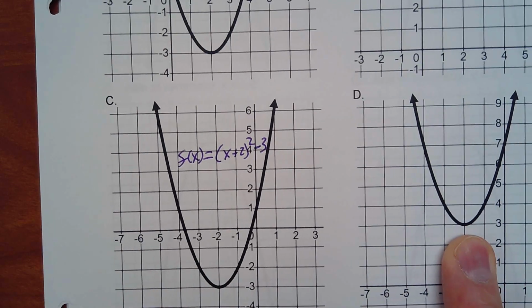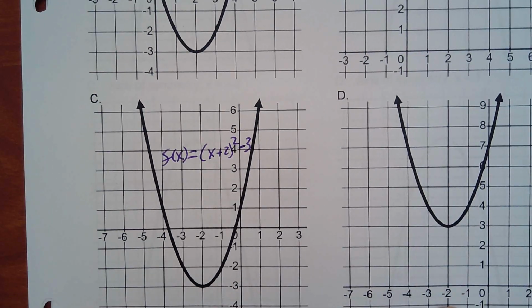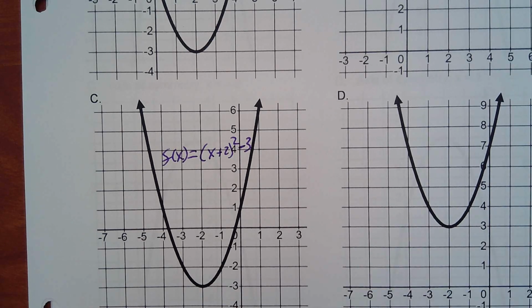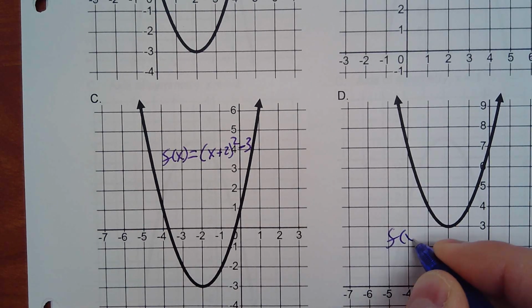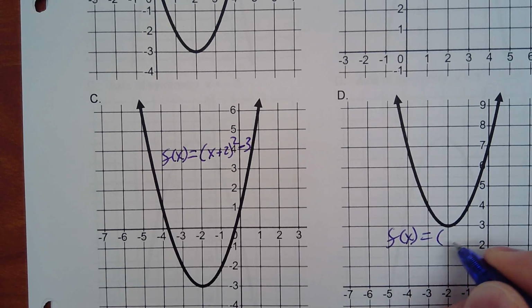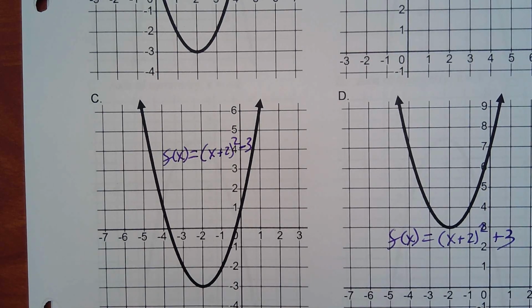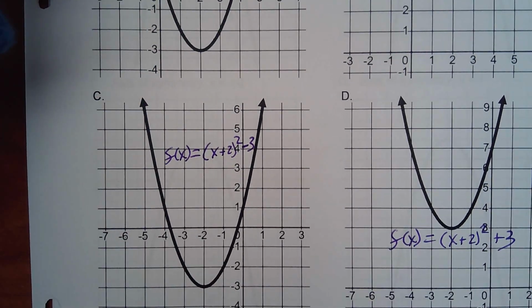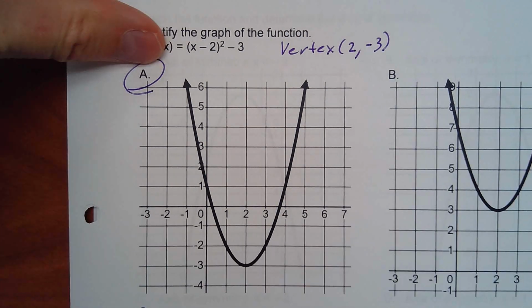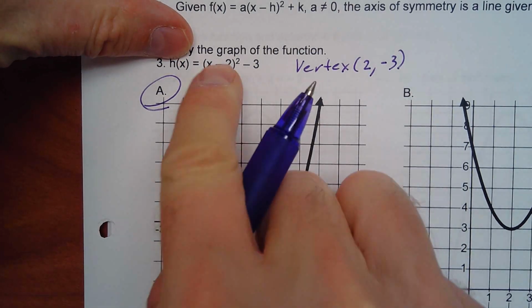And again, this has the wrong vertex. This would be negative 2, 3, so my equation would have been (x plus 2) squared plus 3. So A here is the correct graph that matches my function.